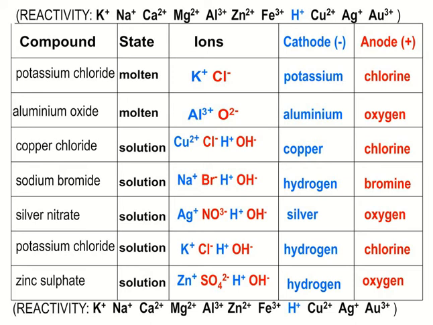Sodium bromide aqueous solution gives hydrogen and bromine. Silver nitrate aqueous solution gives silver and oxygen. Potassium chloride aqueous solution gives hydrogen and chlorine. Zinc sulfate gives hydrogen and oxygen.